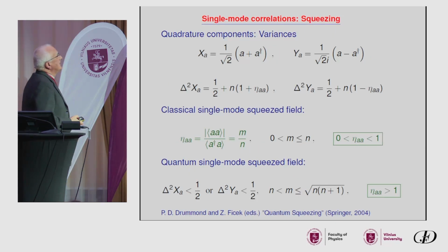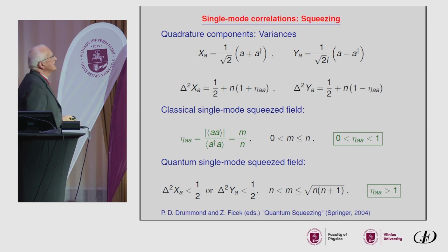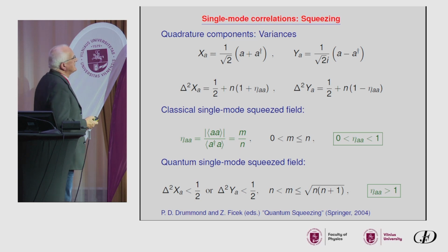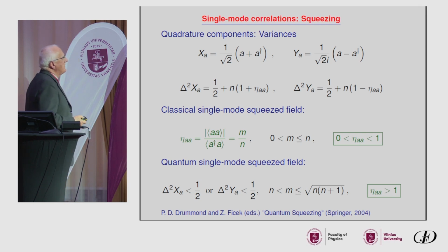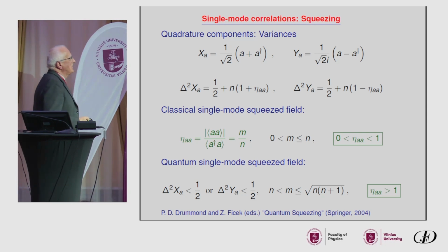And how this correlation function distinguishes between classical and quantum correlation is by simply looking at the variances of the quadrature components of the single modes. You see here that if there are correlations in the modes to some amount m, the degree of correlations to the number of photons is m over n.